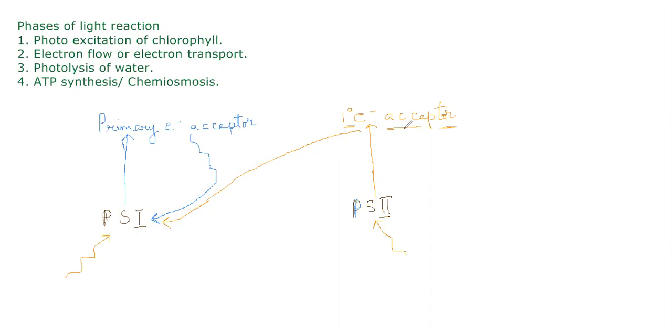The primary electron acceptors of PS1 and PS2 are asked in NEET. If the electron is excited from PS1, it flows in a cyclic manner, so this is cyclic electron transport system.